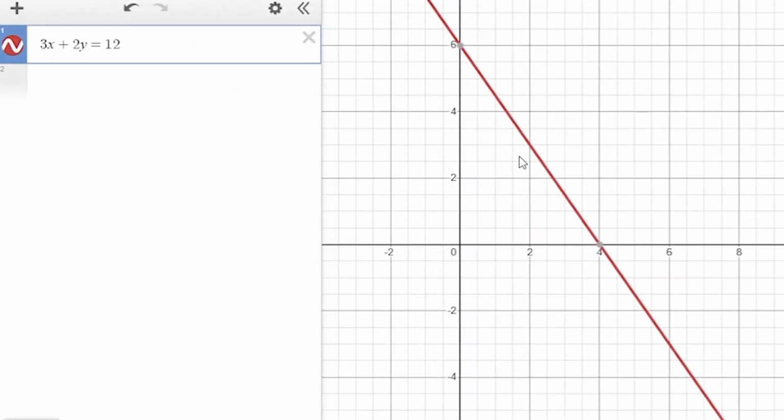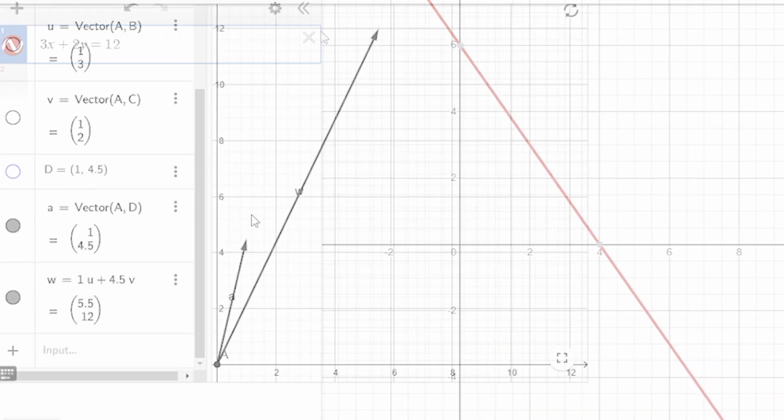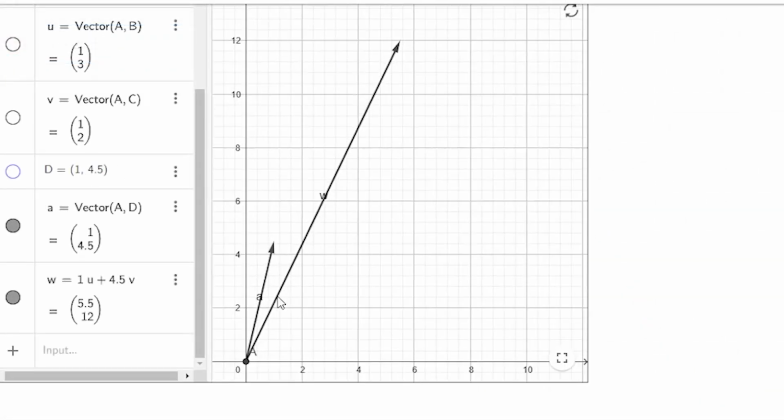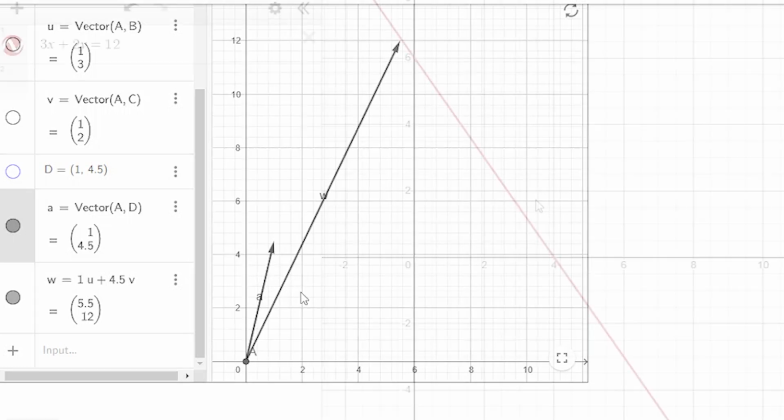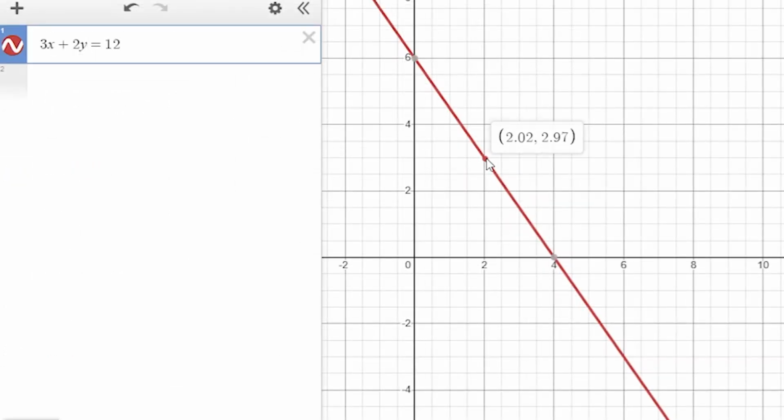So I'm going to go back and choose the upper side of the line, a value of maybe 1 and 4.5. Now the initial vector was this one, but this time when I applied the matrix, it shifted again by this angle, but look at the directionality of the change. It went down there.